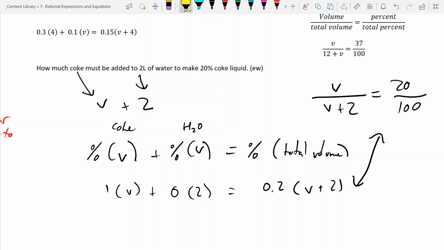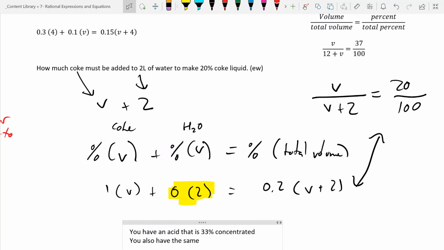The only benefit of this method is that if you are mixing liquids that aren't the same. So for example, a question might say you have an acid that is 33% concentrated. You also have the same acid that is, let's say, 58% concentrated.